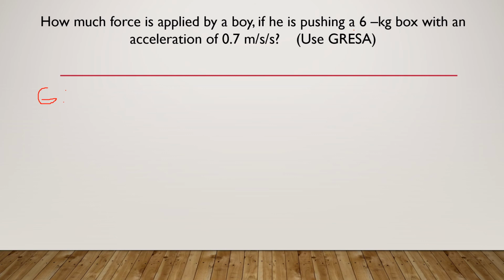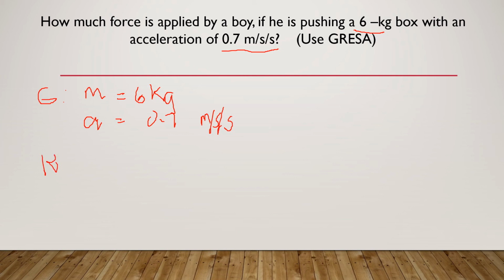So we have here 6 kilogram, which stands for the value of mass. So you need to write here 6 kilogram. There you have it, 0.7 meter per second, and this is very obviously acceleration. So you need to write 0.7 meter per second squared.